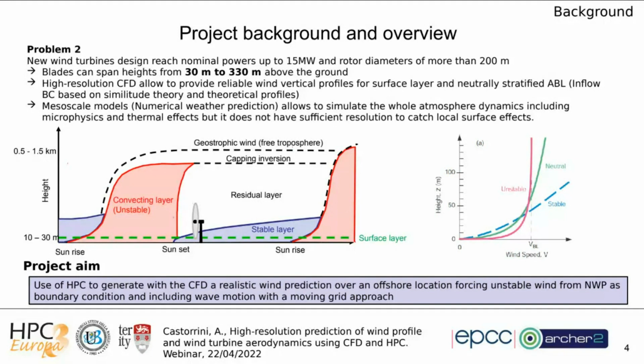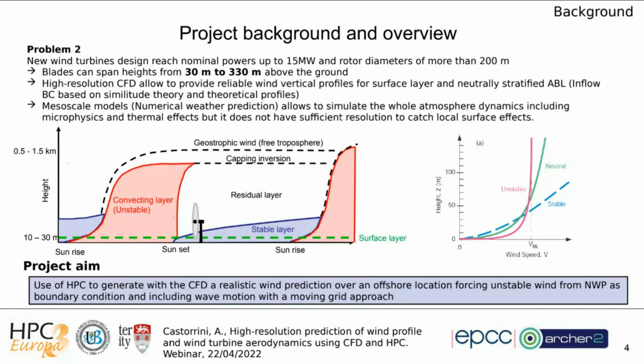a lot, as you can see from this picture, the shape of the vertical wind profile over the height of the rotors, because now the largest turbines can reach an elevation of 300 meters from the ground, so they cover much of the atmospheric boundary layer, and the classical assumption of a neutrally stratified wind flow is no longer so accurate, because it will not consider thermal convection or thermal stratification.